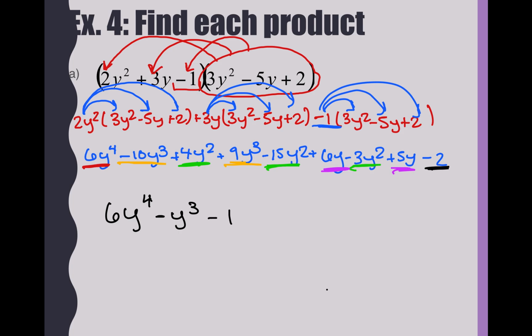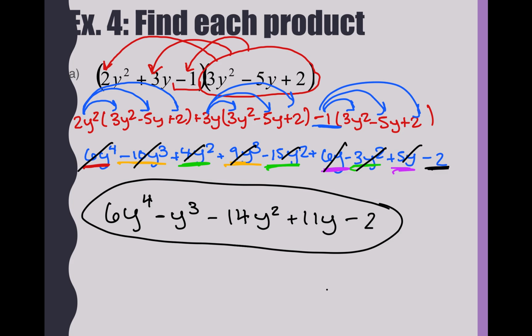When I add those together, I should get negative 14y squared. To make it easier, I can cross off what I've already added. I have my 6y plus my 5y, that's 11y, and I'm just left with my minus 2. There we go.